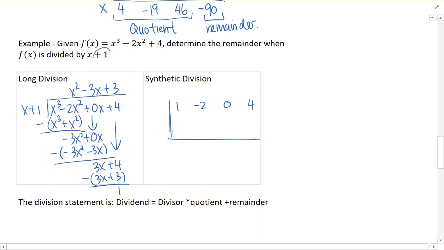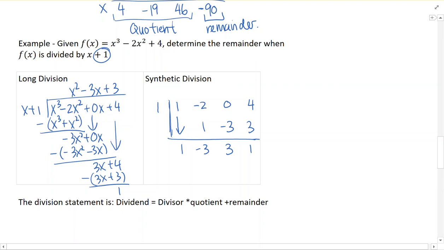And the number that we have as our divisor will be the negative 1. So first, bring down the first number, 1. 1 times 1 is 1. Negative 2 minus 1 is negative 3. 1 times negative 3 is over here. So 0 minus negative 3 is 3. 1 times 3 is 3. 4 minus 3 is 1.